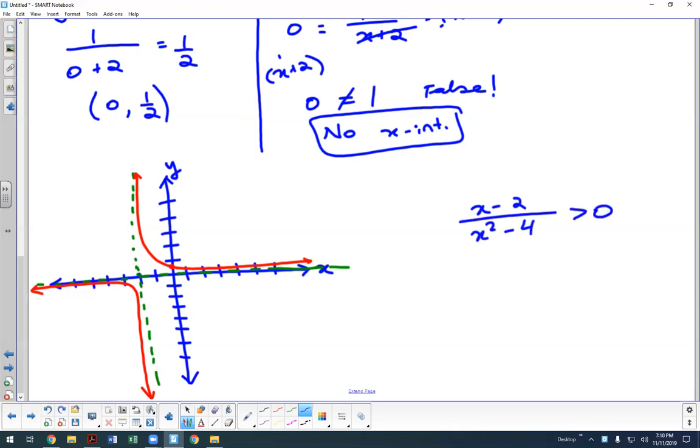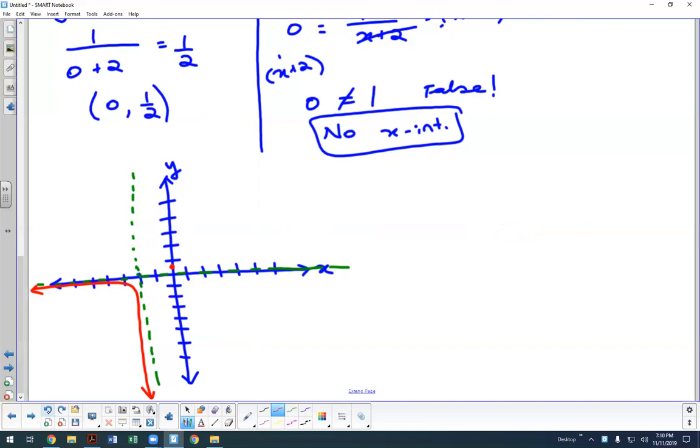So what part of our graph is showing y values that are positive? And again, you should have an open circle right here at +2, because that was not included in our domain.